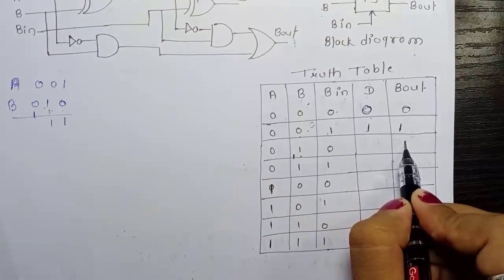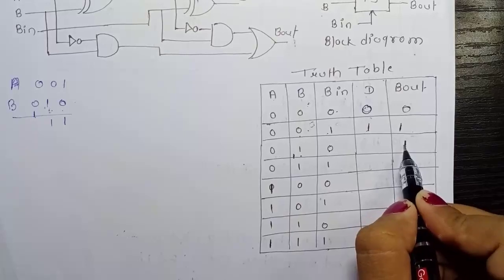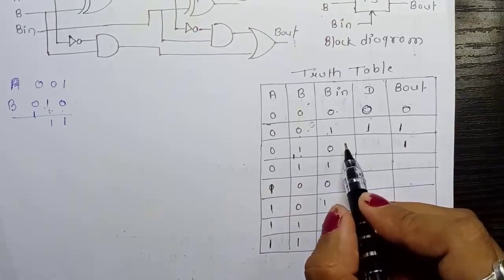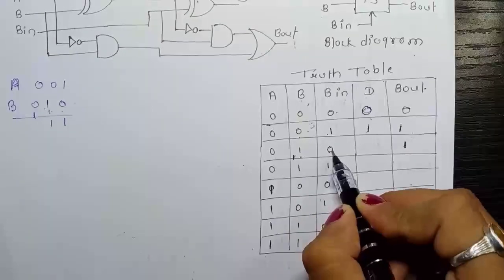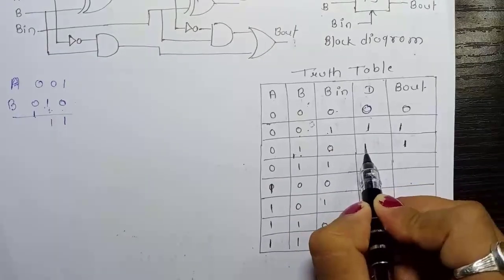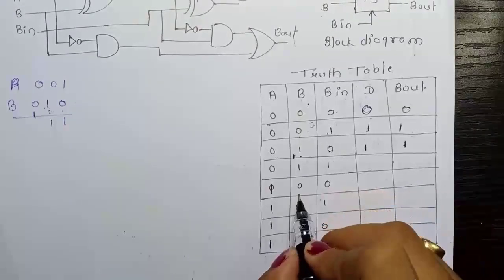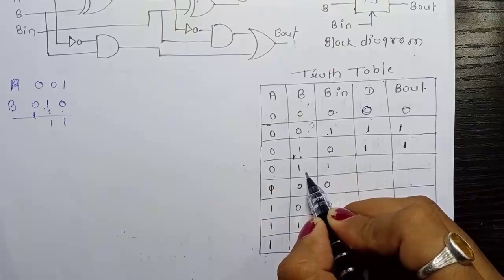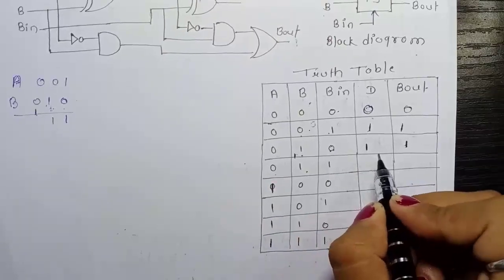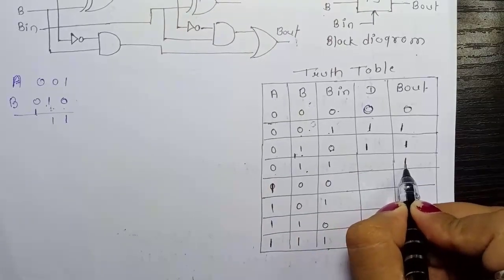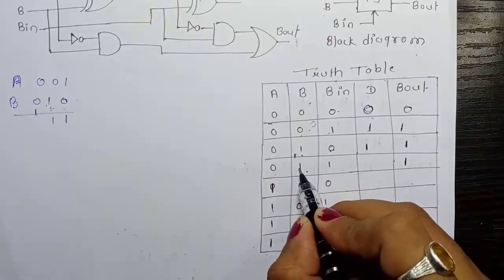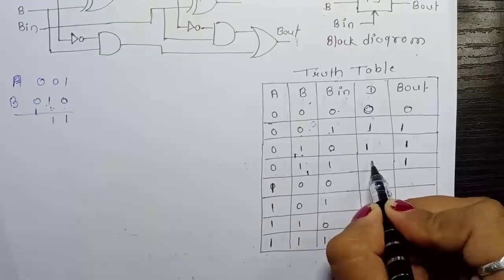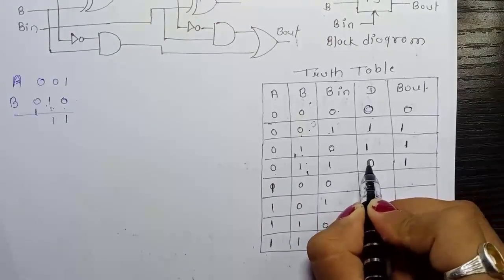So that difference 1 you subtract with 0. So now your difference is again 1. So next 0 minus 1. Difference is 1 and borrow is 1. I am writing borrow here as 1. Now this difference is 1. This difference is again subtracted with this 1. That means now your difference is 0.